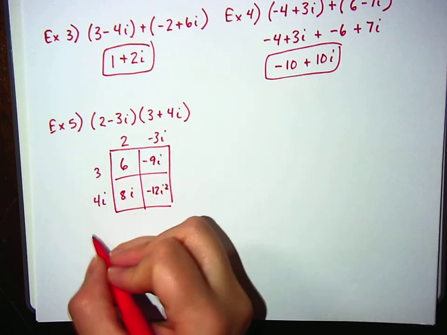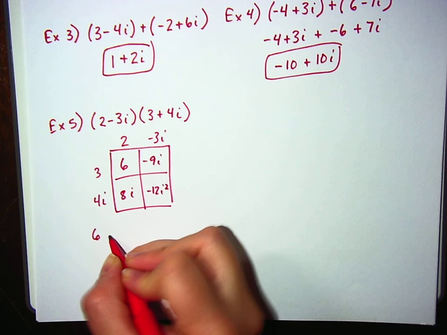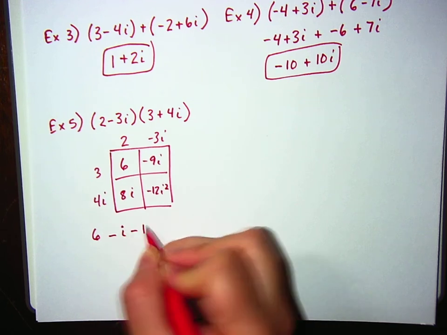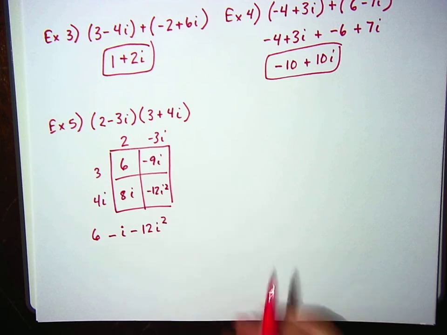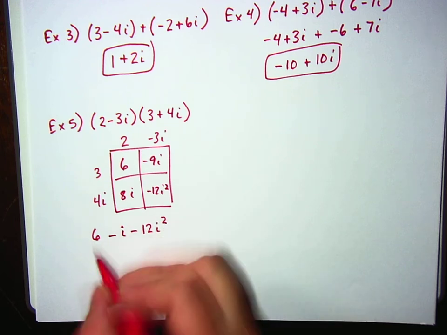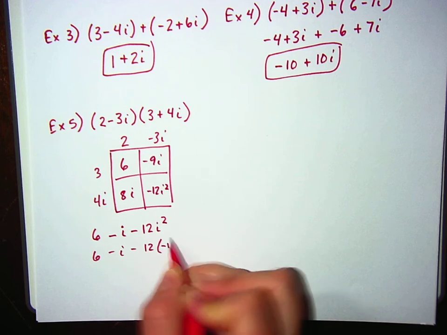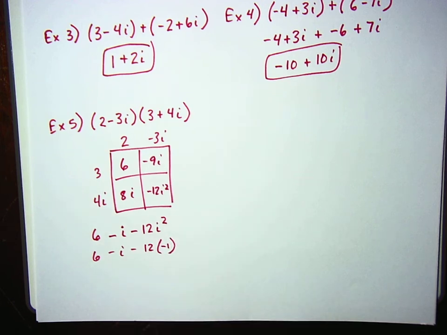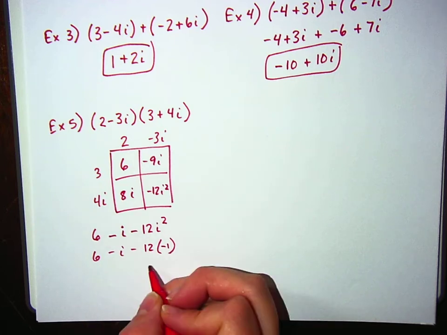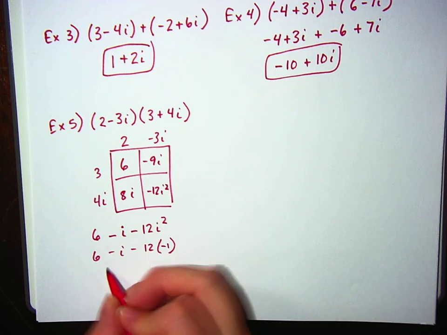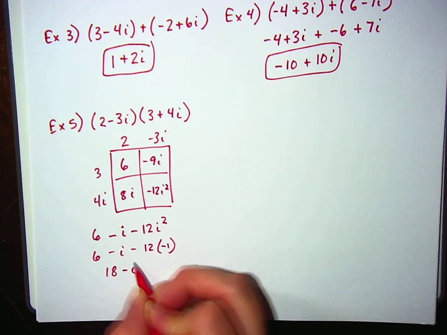So if I start combining them, I say, okay, I've got 6 minus 1i minus 12i squared. But then the i squared becomes -1, because the square root of -1 times the square root of -1 is -1. And then you put them all together. So -12 times the -1 is +12, so that's 18 minus i.